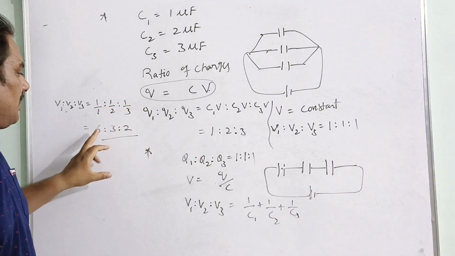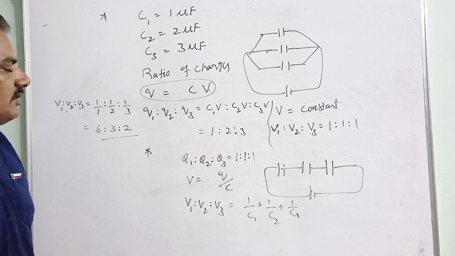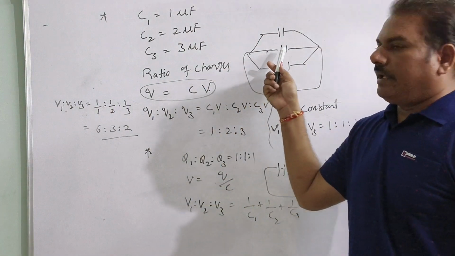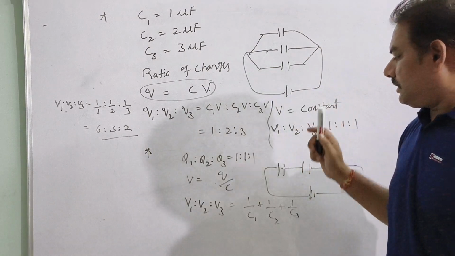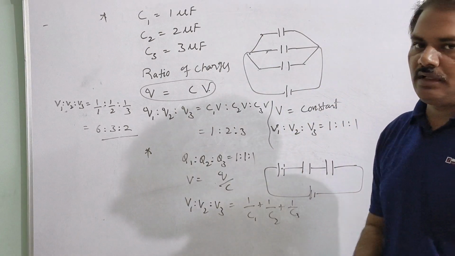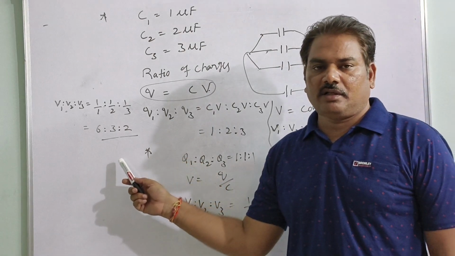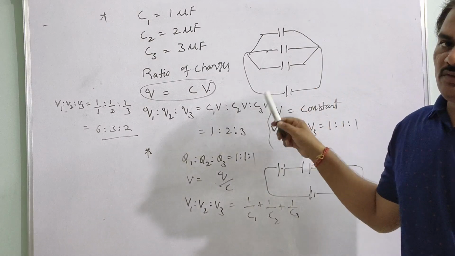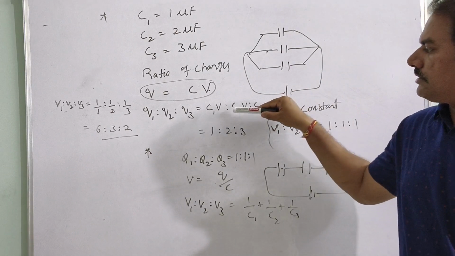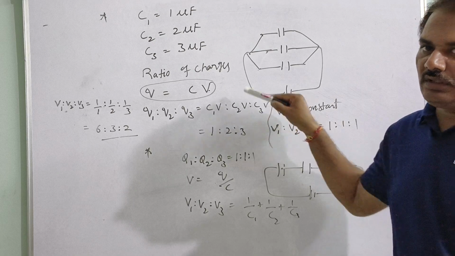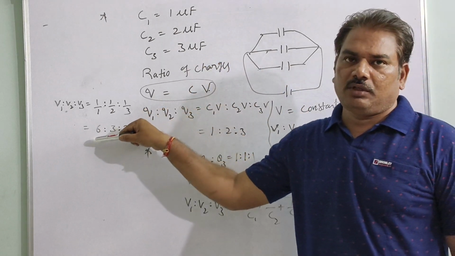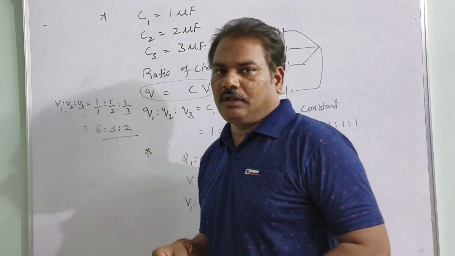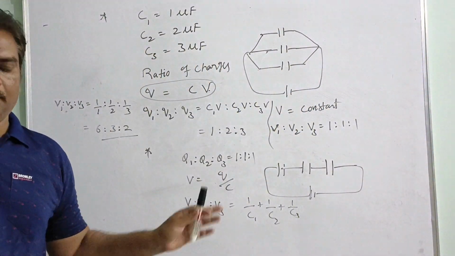In series combination, the potential ratio is 6 is to 3 is to 2. Simple. That is another formula, another problem.